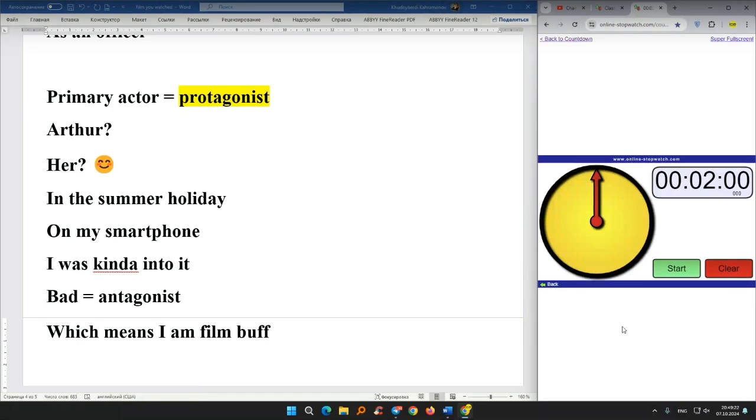And it's not bad character, it's antagonist. Like the primary good actor is the protagonist, the bad actor is the antagonist. And you said I am knowledgeable about movies, but the word is film buff.